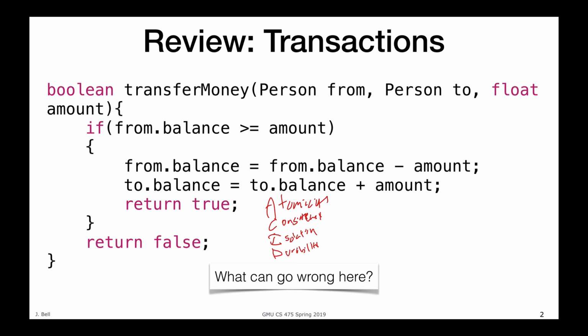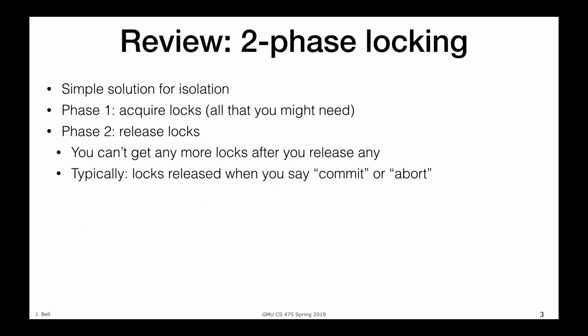We talked about two key techniques that could be used when we built a transaction processing system to get these properties. We broke them up. We talked about atomicity and isolation in one context, and consistency and durability in the other one. The first technique was two-phase locking, which was our simple solution for isolation.